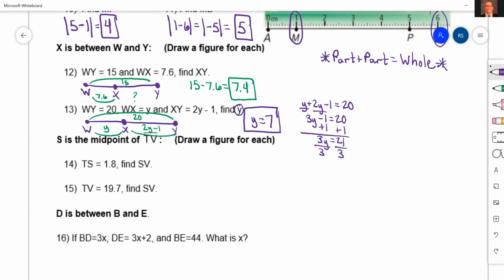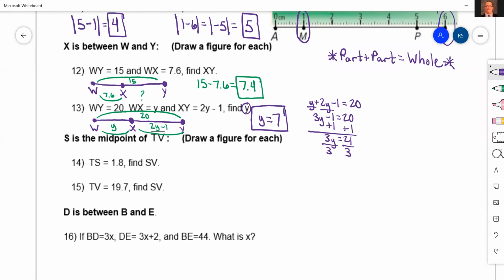Okay, now the next part says S is the midpoint of segment TV. So I'm going to draw TV here. S is exactly in the middle.